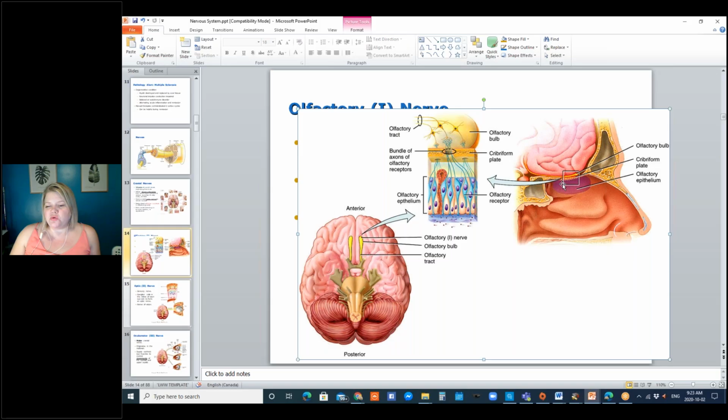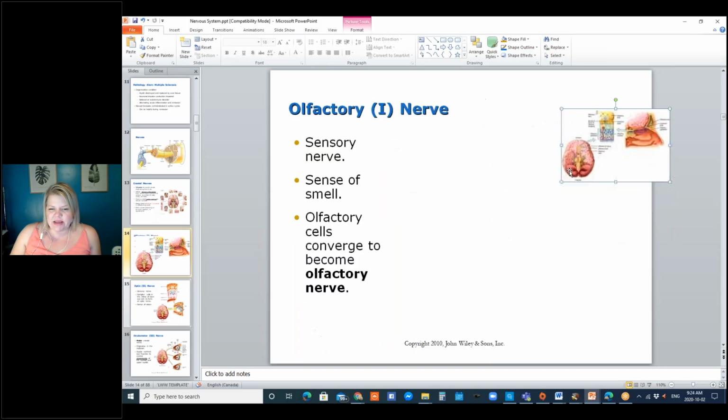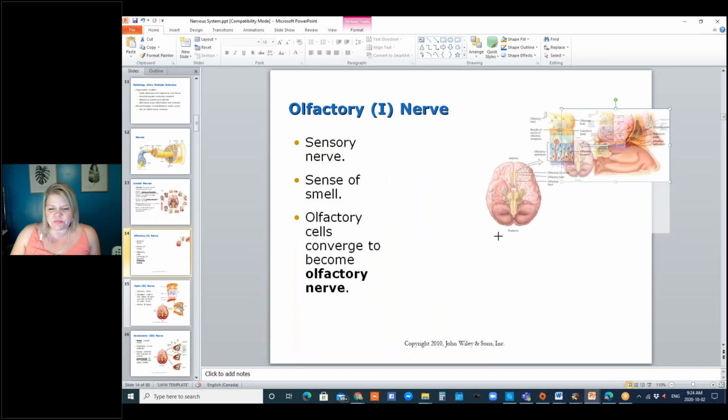It reaches threshold and provides an impulse into centers of the brain that process smells. What I need you to know is that the olfactory nerve senses smell, and there's one of them on each side of the body. So you can see all of the sensory receptors, and then the olfactory bulb. We're going to come back to that later on in our lecture today. So just keep that in the back of your mind.